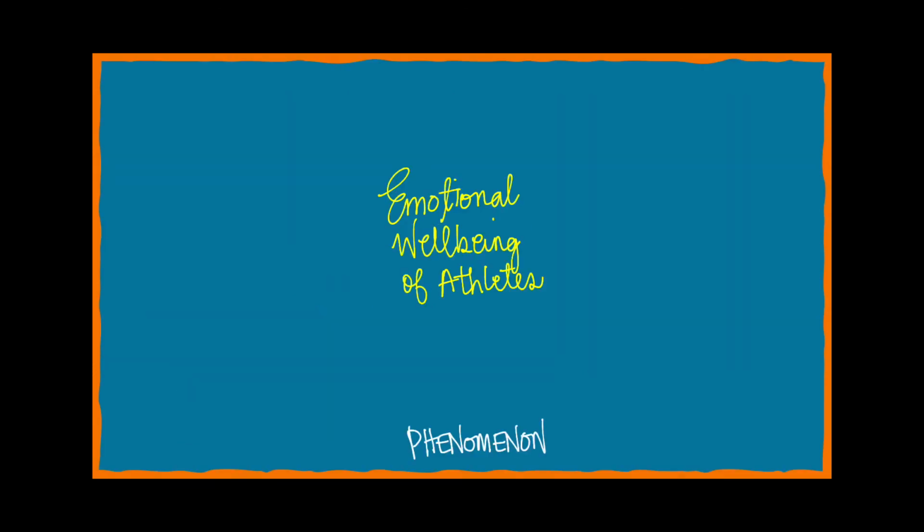So for example, your broad topic or your field of study or your phenomenon that you want to study is the emotional well-being of athletes. So first, you have to identify the antecedents or the factors that may affect how that specific phenomenon plays out.